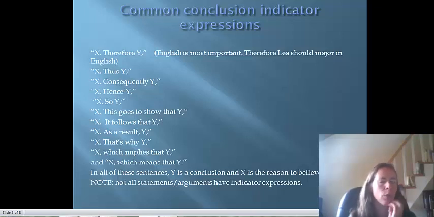It's not like you can just look through and find them, because not everyone has that. But if you see these kinds of statements, it should trigger you to go, oh, these are conclusion indicators. You'll know that whatever follows those terms will be your conclusion, and whatever comes on the front side of it will be your premise.